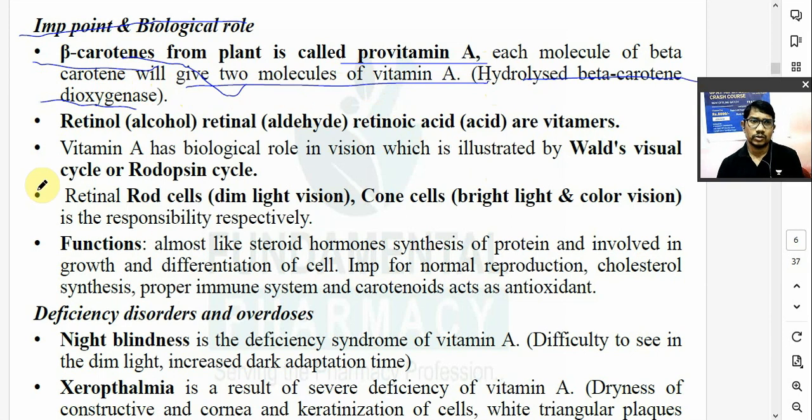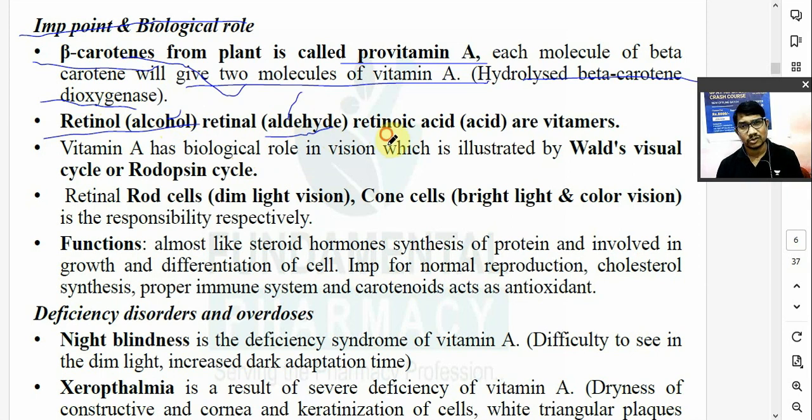Now vitamin A has a biological role in vision, and it was first studied by Wald. It is known as Wald's visual cycle or rhodopsin cycle. There are two types of cells in the retina of the eye.